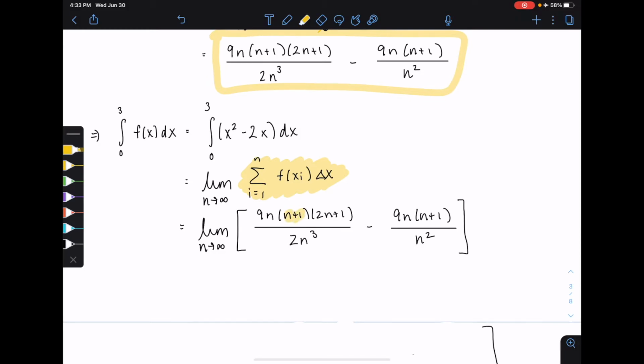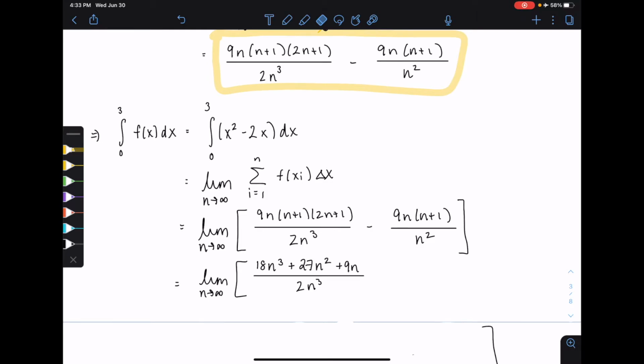You can FOIL the n plus 1 times 2n plus 1 and then distribute 9n to it. So ultimately, if you do that, you would get 18n cubed, 27n squared, 9n, bottom stays untouched. This one's not so bad to distribute out. So that would be 9n squared plus 9n over n squared.